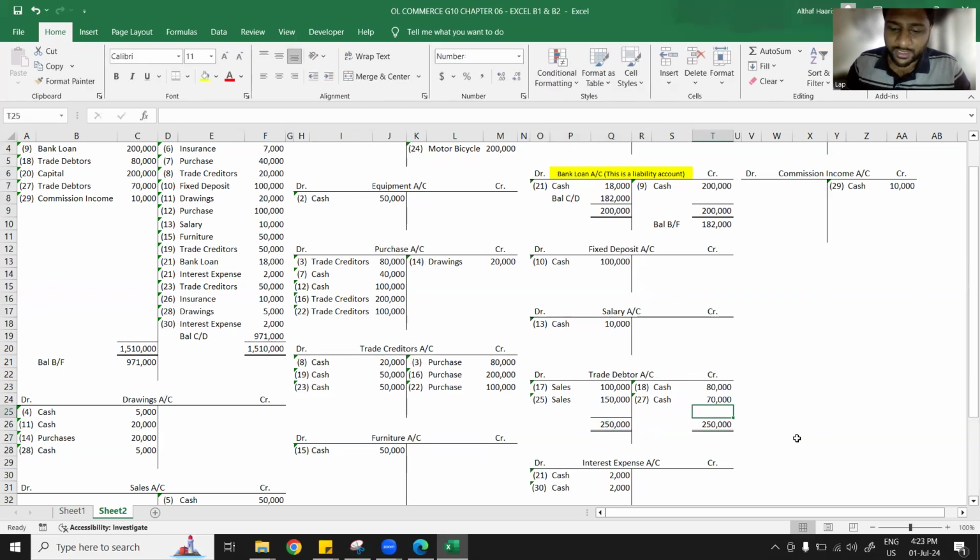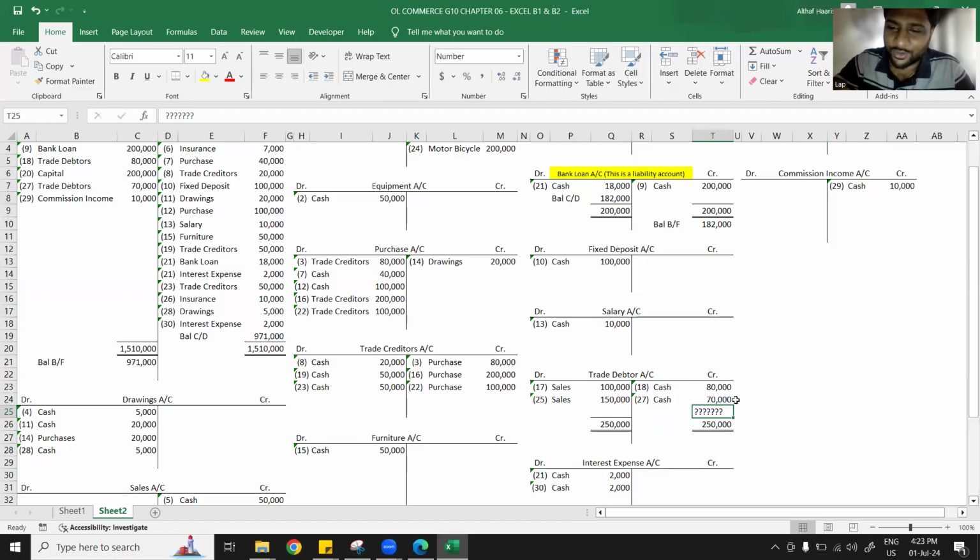Now you tell me, for the credit side to become 250, how much is the gap? How much is this gap? 250 minus 80 minus 70. Good, Yunus correct.